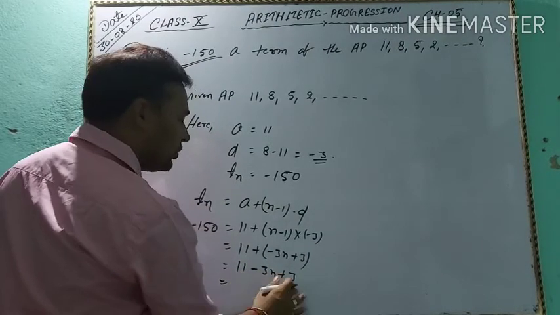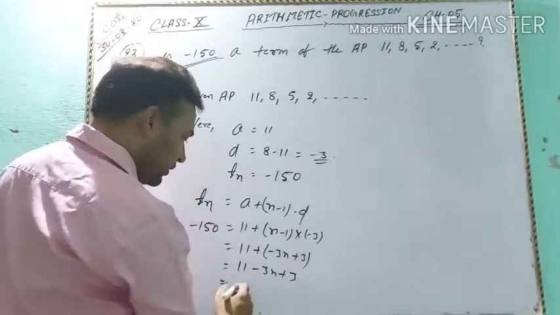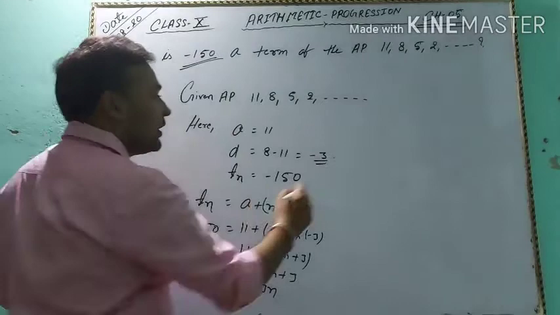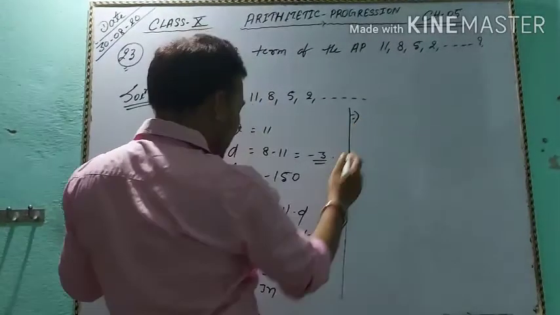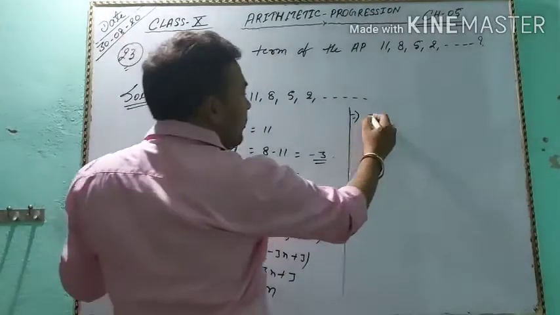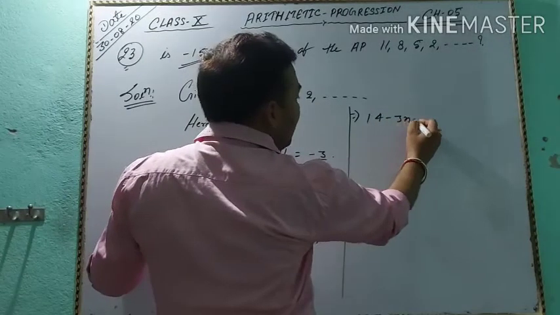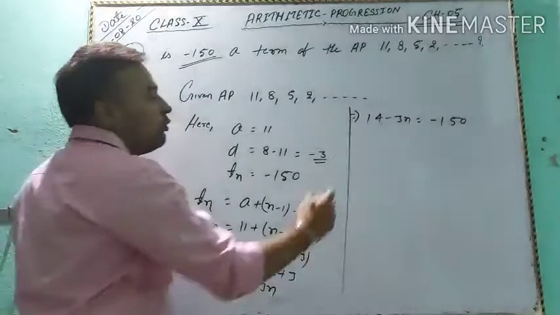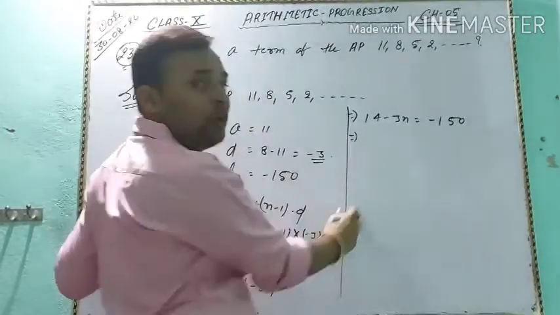Remove the bracket: 11 minus 3n plus 3. So 11 and 3 is 14, minus 3n equal to minus 150. So students, 14 minus 3n equal to minus 150. Here find the value of n.